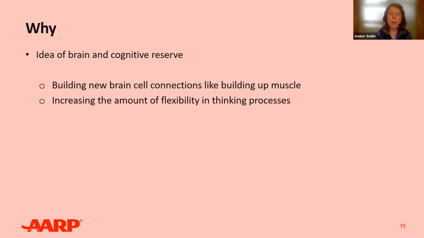So why we want to engage our brain and do things that are mentally challenging is that we want to build up our brain reserve and our cognitive reserve so that, as Teresa was saying in the introduction, we can stay in our own home if that's what we choose, and we can participate in the activities that we choose.